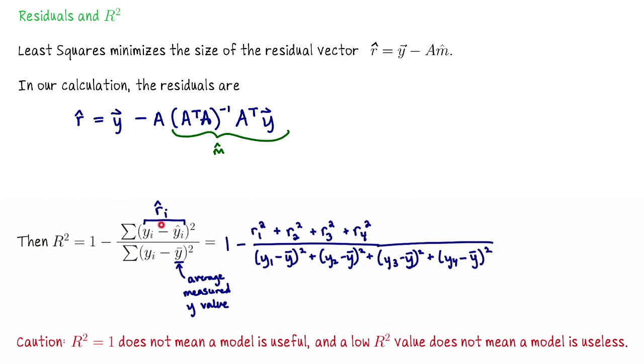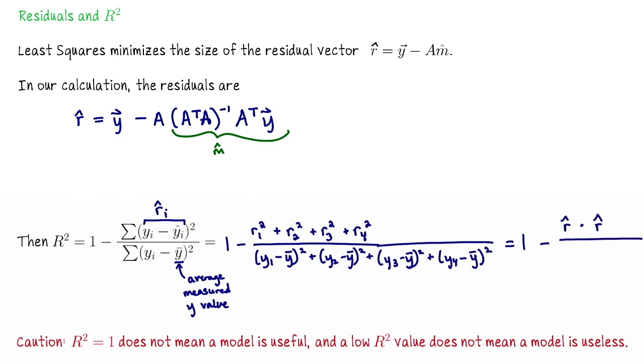Okay, this first form I've given you is how r squared is normally expressed in a textbook. I've expanded it over here on the right because it gives you an indication of how we could do this efficiently in MATLAB. In particular, we have the sum of squares of entries in a vector. So we could take the expression in the numerator and write that as the residual vector dot itself.